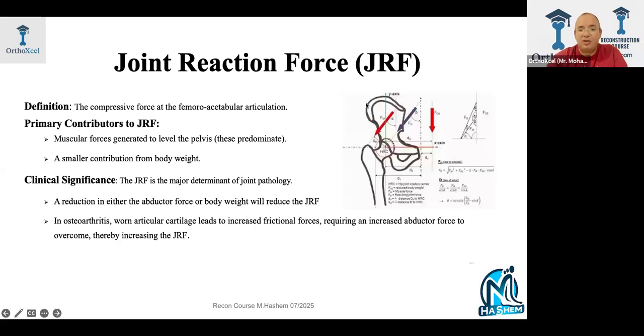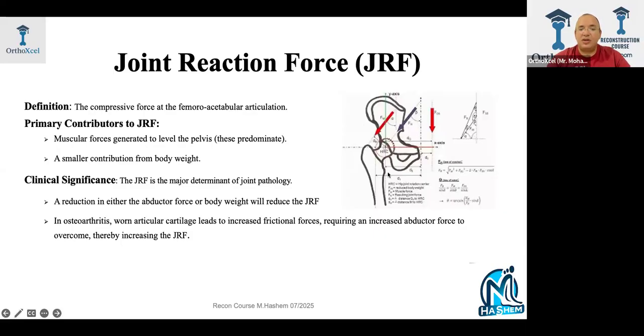If we reduce the abductor force and reduce the body weight, we reduce the resultant force, which is the joint reaction force, and the force going through your total hip. This gives your total hip more chance to be long living.